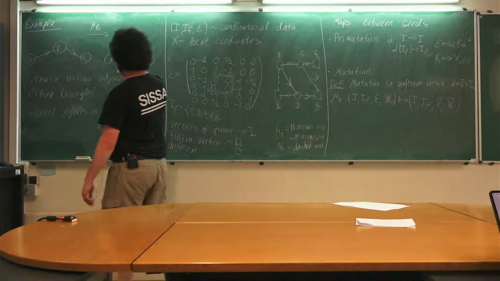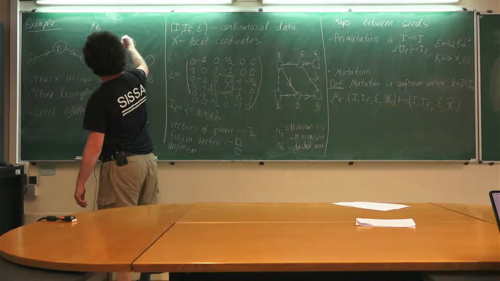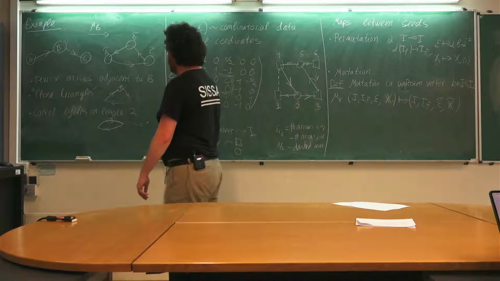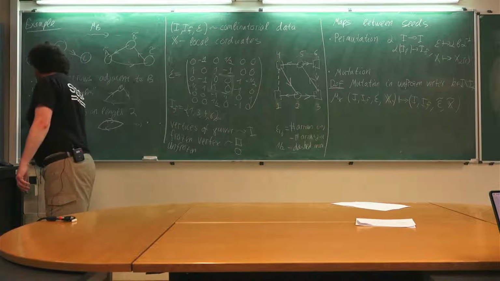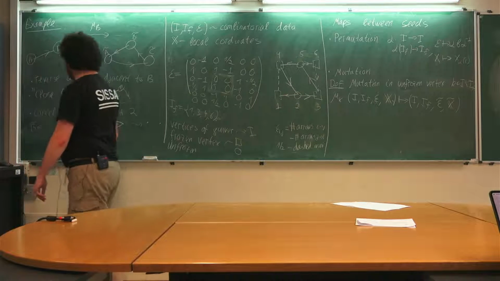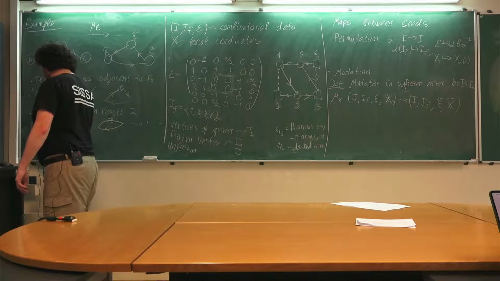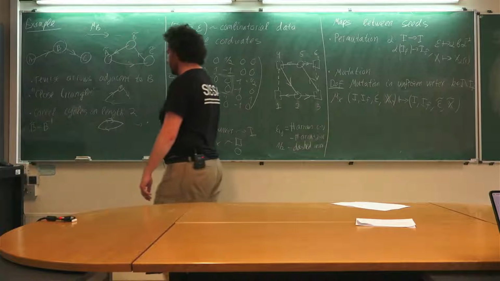And the other is the algebraic part. So here we have A tilde, B tilde, C tilde, and they are equal to the following. So B tilde, the variable in which we do mutation, goes to its inverse.